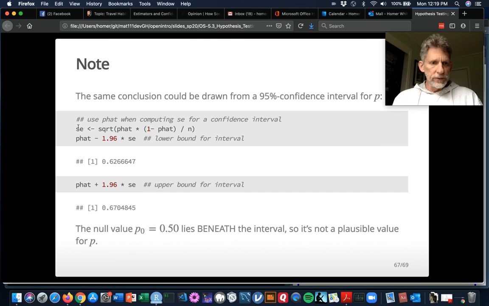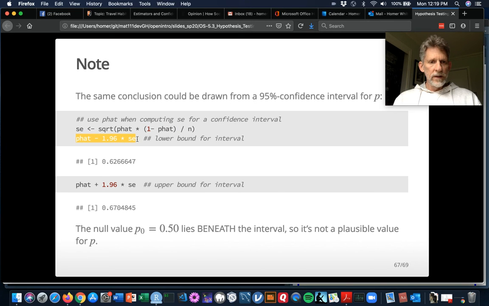So if you were to write the R code to make a confidence interval, then your formula for the standard error needs to change a little bit, because when you're making a confidence interval, you're not working with a null value. You're just going to estimate the standard error with the sample proportion. So we do square root of p hat times 1 minus p hat over our sample size.